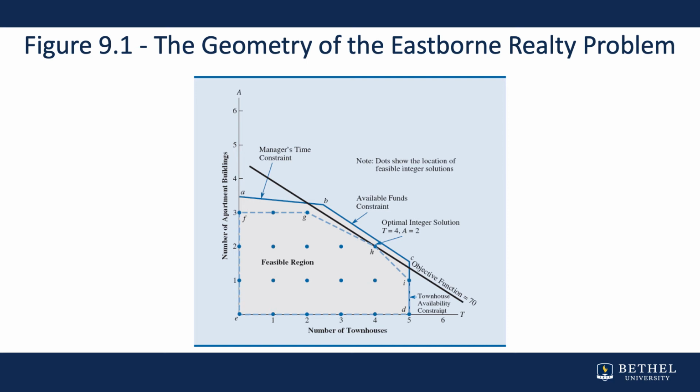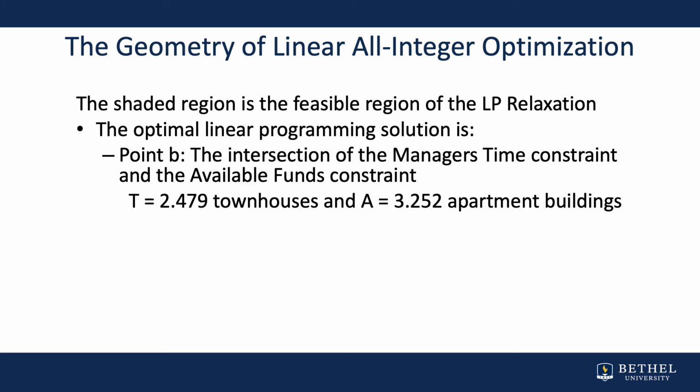We can't go beyond that point because we have no amount of apartment buildings and no amount of townhomes in whole numbers that would solve the objective function. So point B, the intersection of the manager's time constraint and available funds constraint, that is where T equals 2.4 and A is equal to 3.252. We know that won't work, even though that's the optimal solution based on the feasible region.